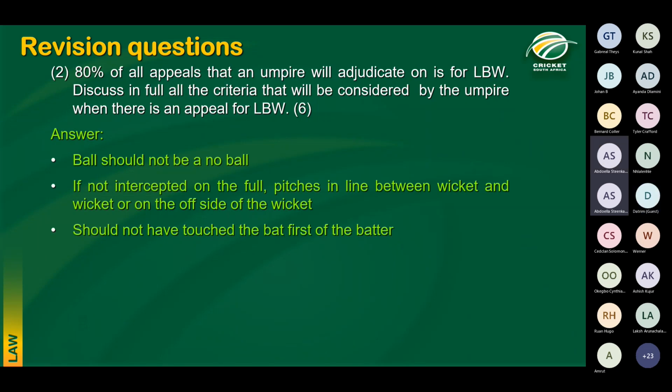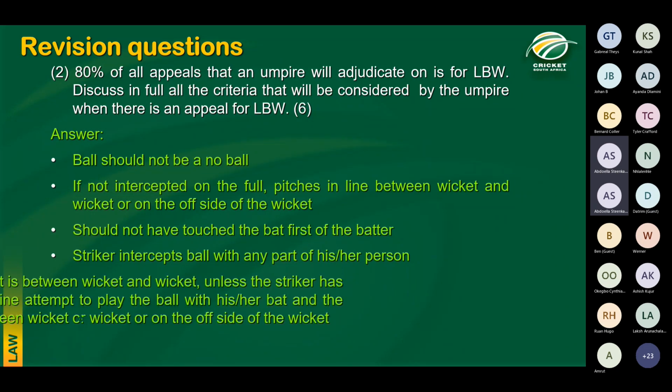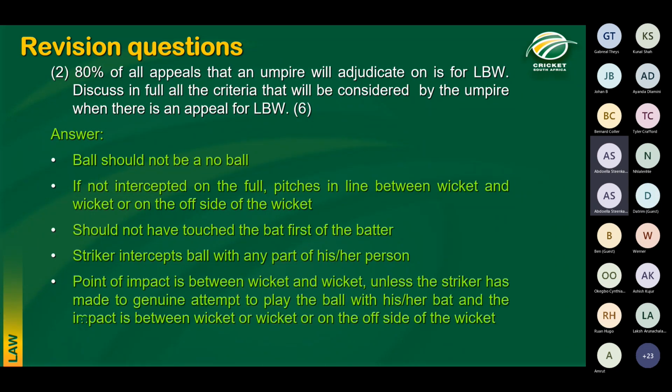Yes, Daitram. The impact should be between wicket and wicket. There's actually a point before that. The ball needs to hit any part of the striker's person, whether it's the pad or any part of the person. But you're right. Point of impact between wicket and wicket, unless there's no genuine attempt to play the ball.